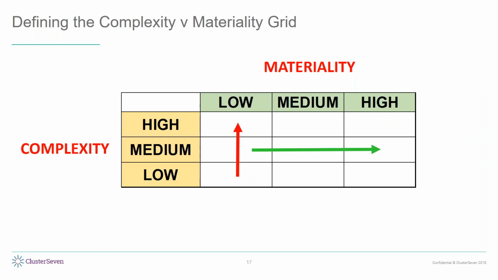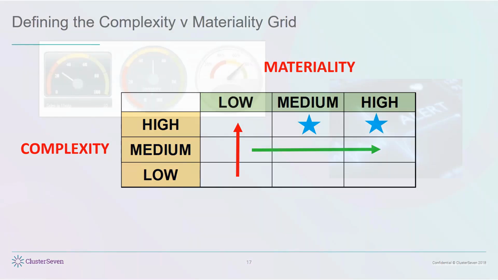This helps us move not only up the complexity chart, but across the materiality chart. That was hard for me to say. And actually look at whether those files or processes are medium or high. Those that are medium and high, we may want to monitor for change. And that's what the last part of our technology, our monitoring, does.